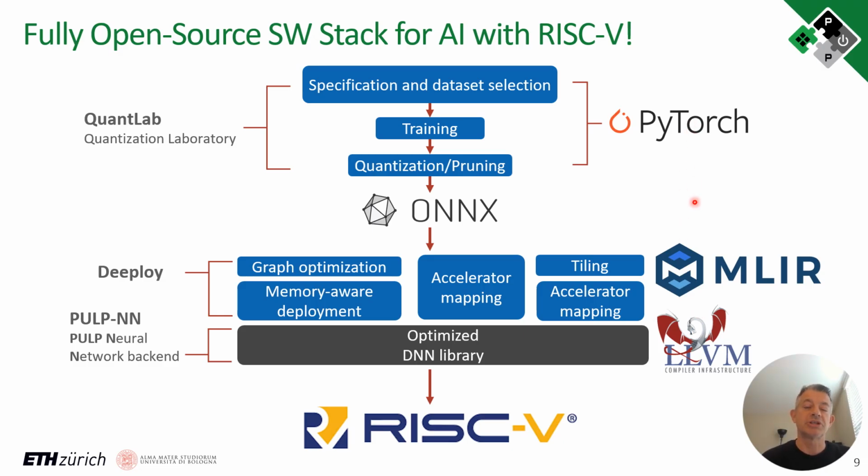All these tools are open source. So we have an open, extensible instruction set that combines its strength with an open software ecosystem to create an open hardware and software platform for efficient machine learning.